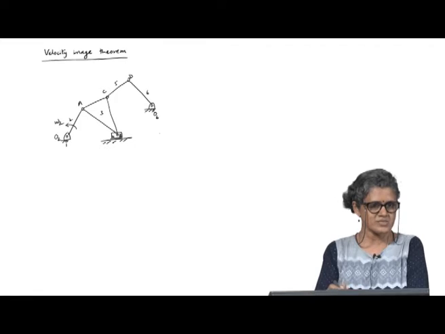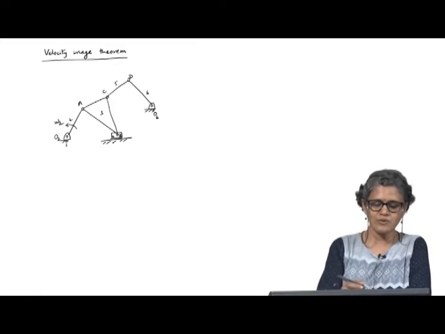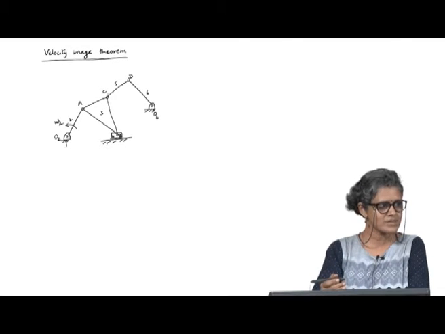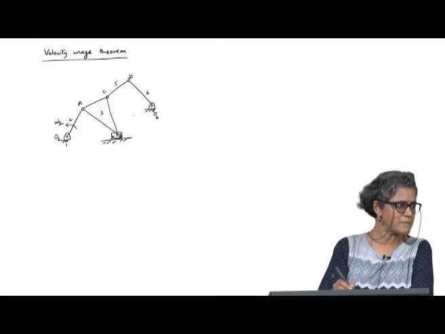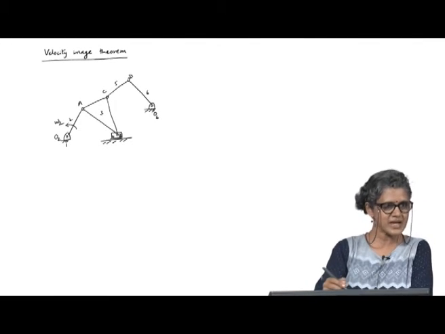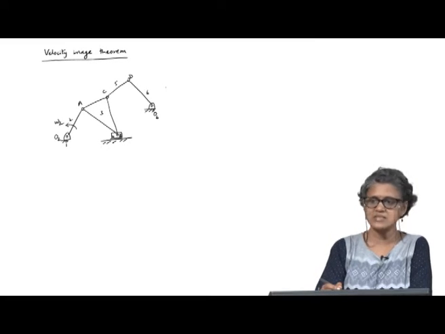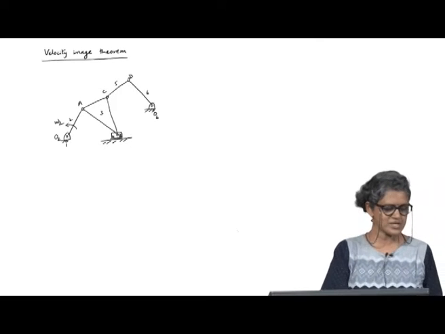Say that is the output that I am interested in, because otherwise there is really no reason. If the only output I was interested in was, say, link 4, then I do not really need the rest of this mechanism, right. Because the motion of this part is going to be independent of this. It is this coupler point C which is driving this dyad, and I am interested in omega 6 as the output of this particular mechanism configuration.